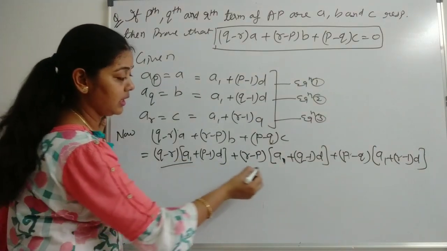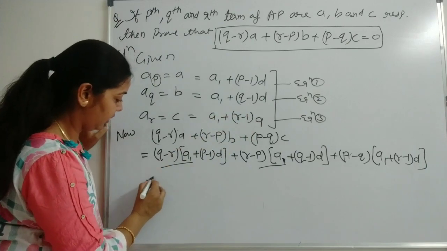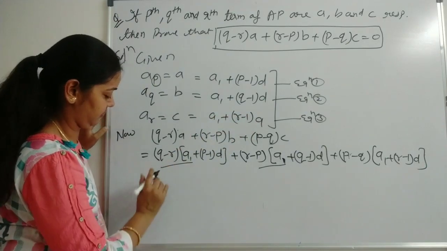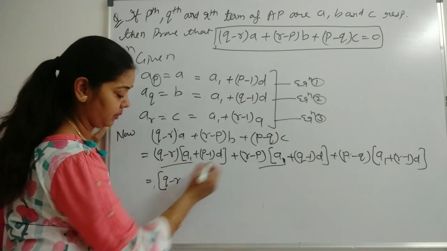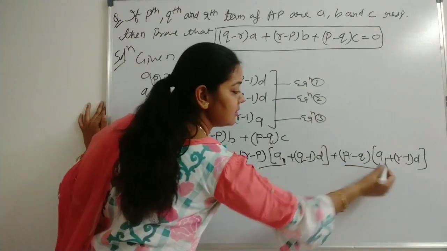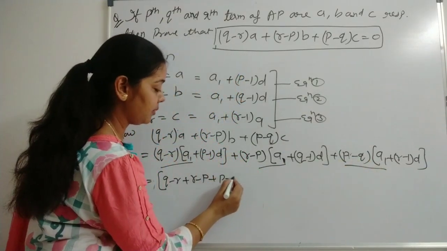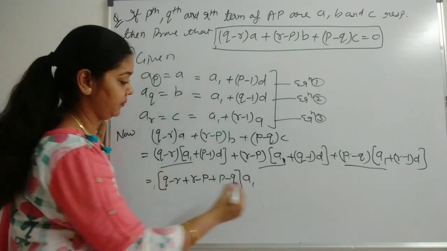Taking the terms with A1 individually and with D individually, we get here (Q minus R plus R minus P plus P minus Q) into A1. Okay?